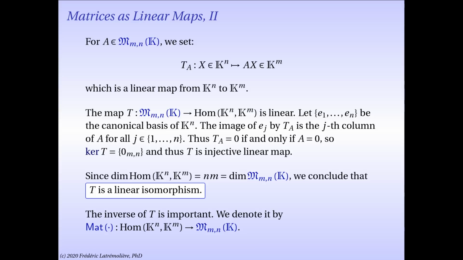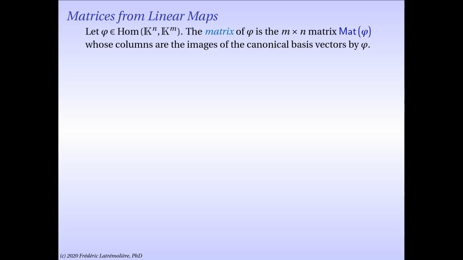Let us describe this function as we did in our previous lecture. Let phi be a linear map from k to the n to k to the m. The matrix of phi is the m by n matrix whose columns are the images by phi of the vectors in the canonical basis of k to the n.